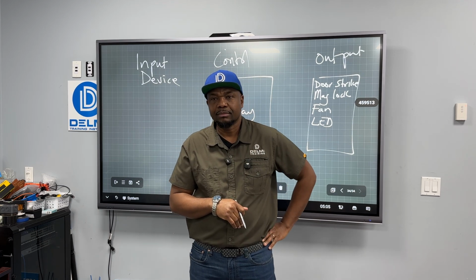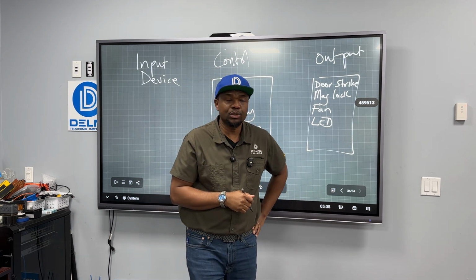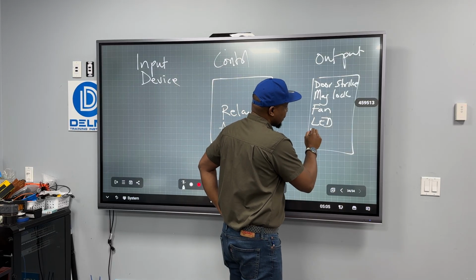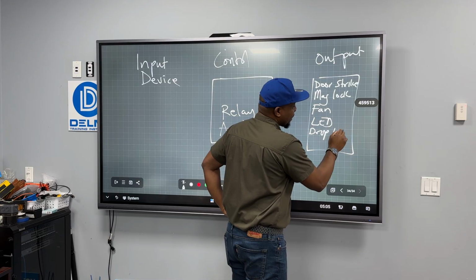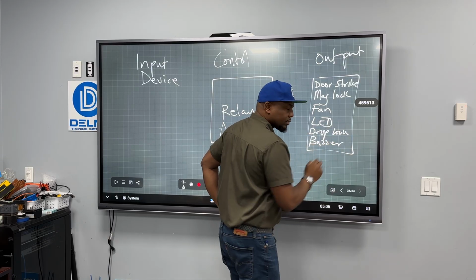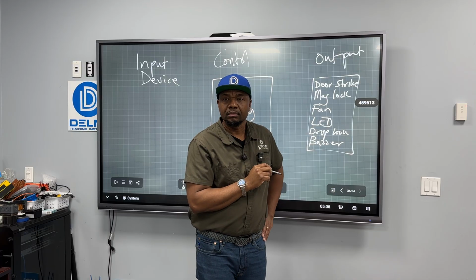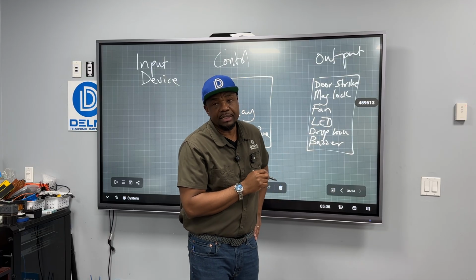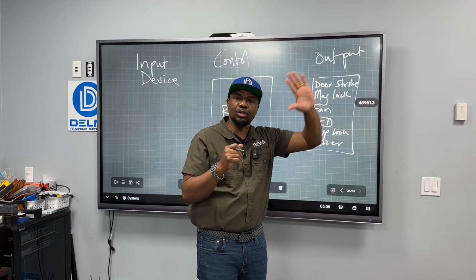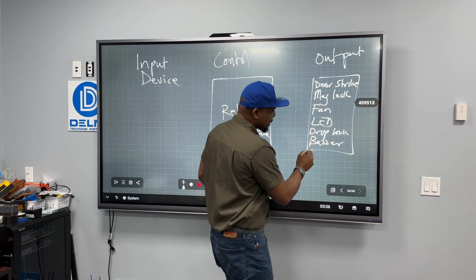Drop lock. A drop lock. So that's one. Buzzer. A buzzer is one. Somebody said TV. TV is an output device, yeah. You can do something and the image is going to appear on the screen, so it's considered an output device.